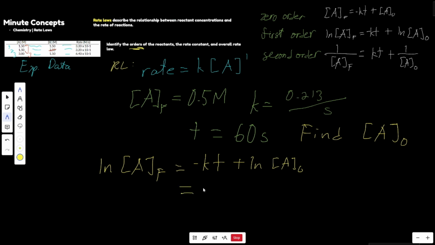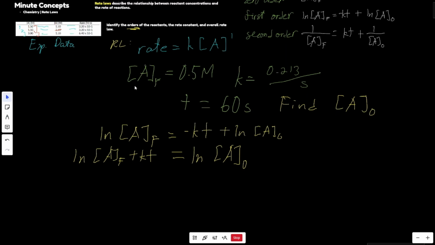Easily, we can just transpose and isolate it. So our formula becomes the natural log of the final concentration plus the rate constant times time, and this would be equal to ln A initial.